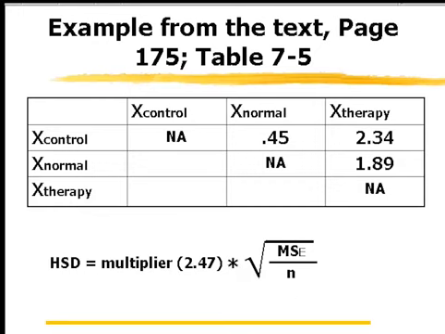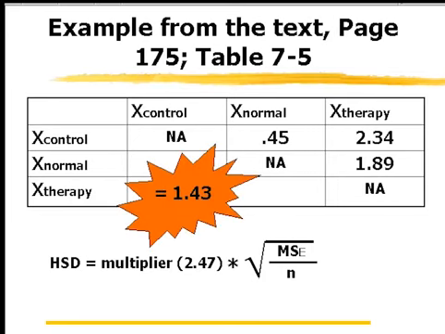In other words, what we're looking at is the standard error of the mean. So we multiply our 2.47 times the standard error of the mean, or in this case, the mean square error divided by the square root of n. And what we find is that the difference then has to be greater than 1.43 in order for that comparison to be statistically significantly different.